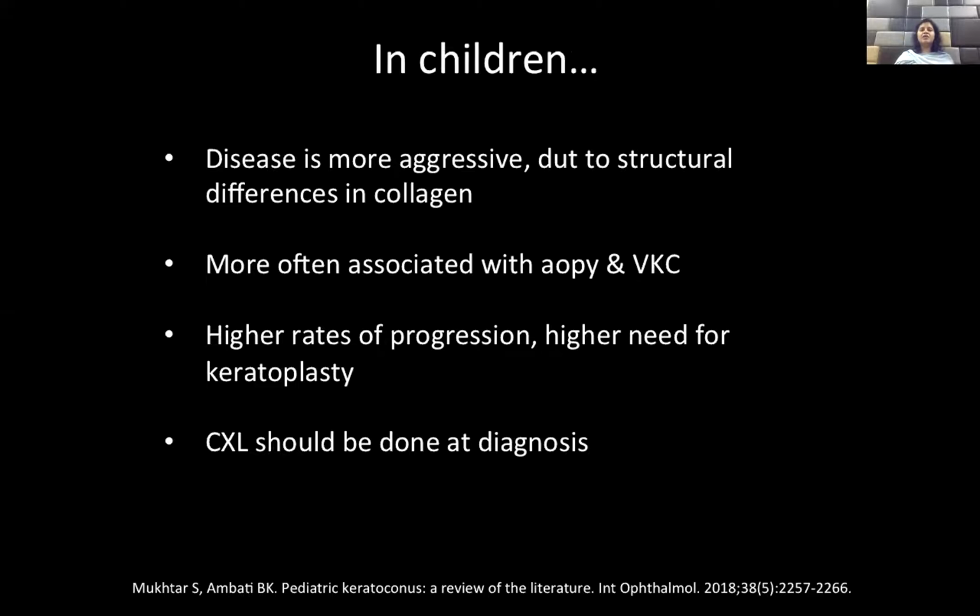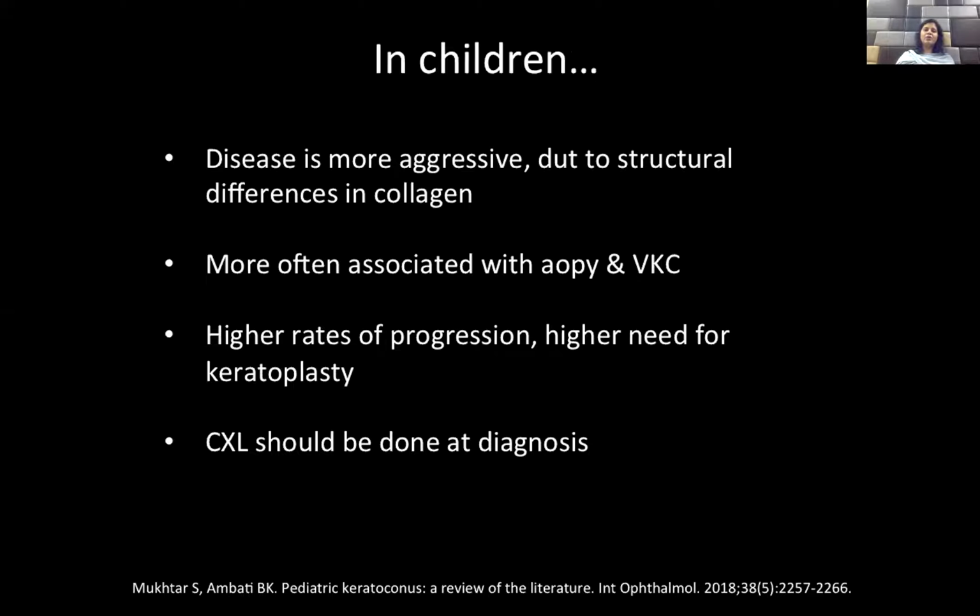Now, the second special consideration is when you have keratoconus in children. Now, the disease is more aggressive. That's because there are structural differences in the collagen. It's said that with age, there are more crosslinks which are formed in the collagen.